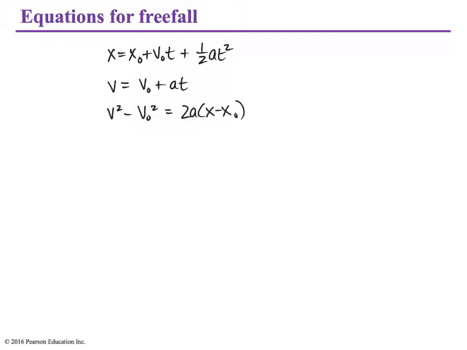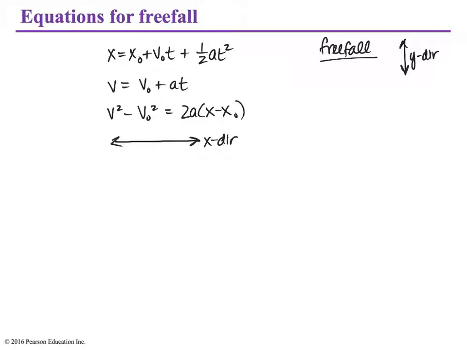When we talk about the equations for free fall, here are the equations that we had previously for constant acceleration. The changes that we make are because for those motions we were usually thinking about motion along the x direction, but for free fall, objects are moving up and down in the y direction.